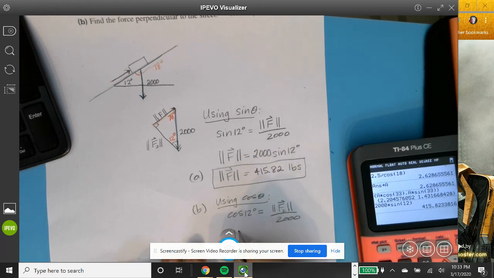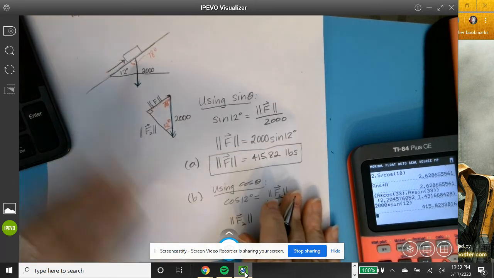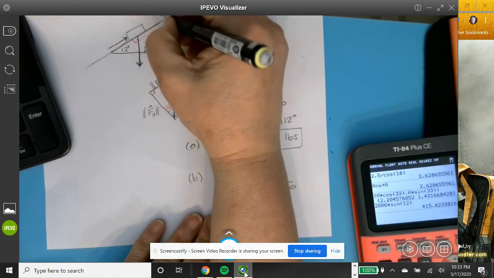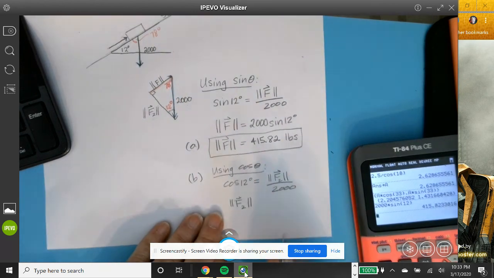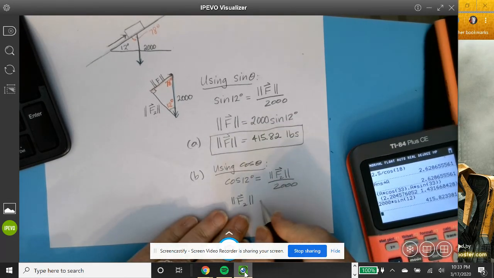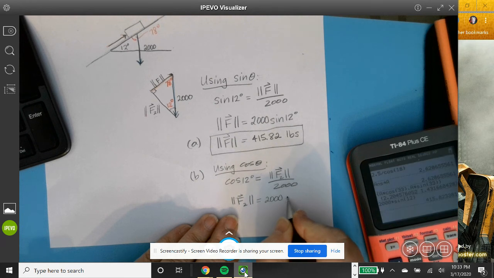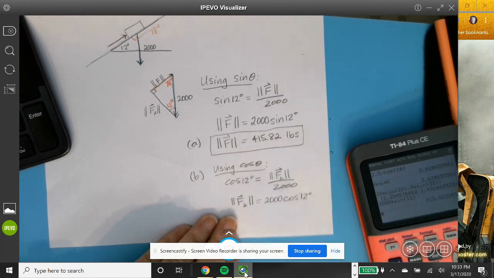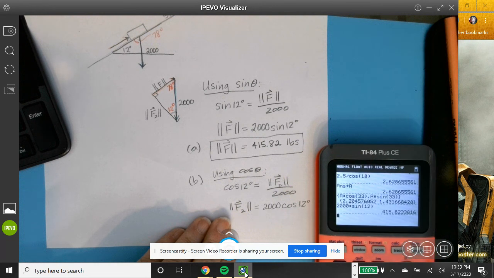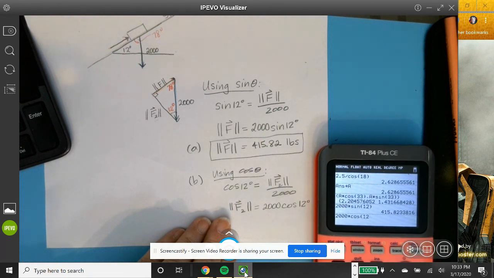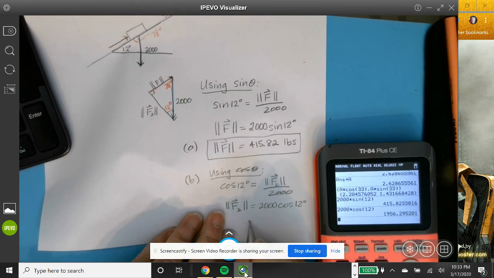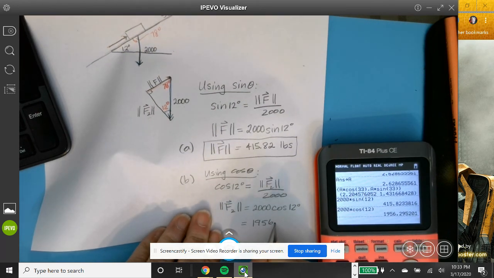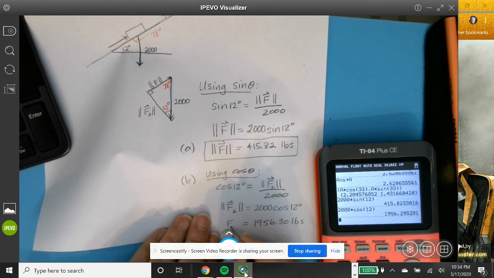So cross multiplying, I get the magnitude of the force perpendicular to the street, because this is the street, is equal to 2,000 times the cosine of 12 degrees. I'm going to pull out my handy dandy calculator and say 2,000 times the cosine of 12 degrees. And we get a force of 1,956.30 pounds. A whole lot more perpendicular to the street.